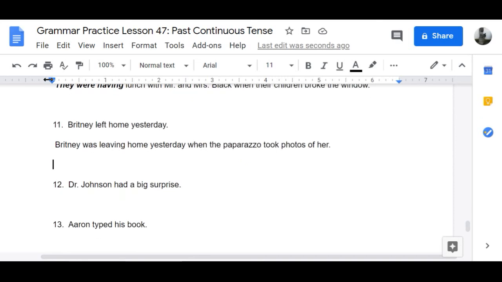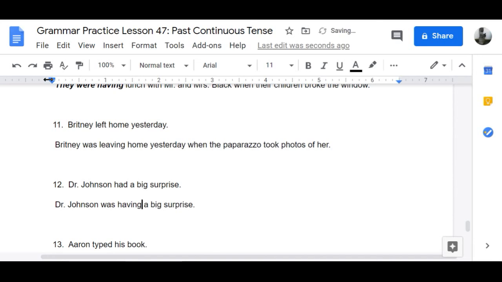12. Dr. Johnson had a big surprise. Dr. Johnson was having a big surprise party when his wife arrived and saw all the girls in their home.